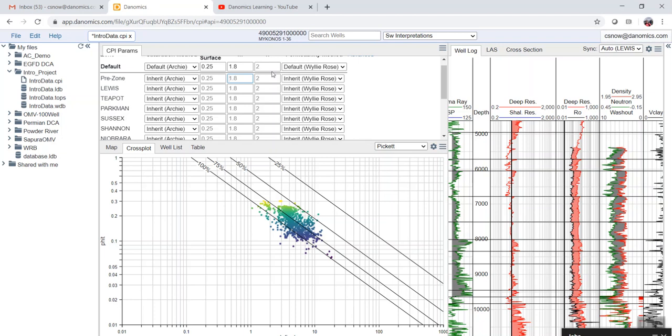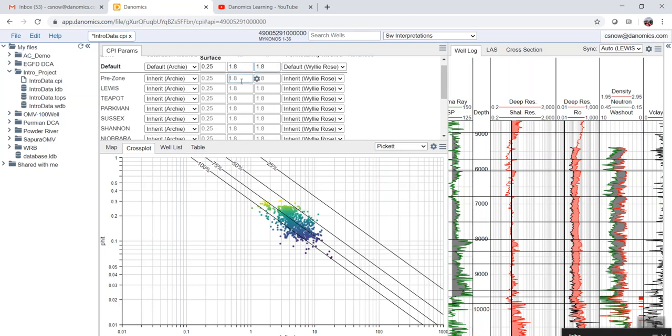But there have been a lot of studies that have shown that M and N tend to not exactly match each other, but they are relatively close. And so, in this case, we set our M at 1.8. Now we set our N value at 1.8.